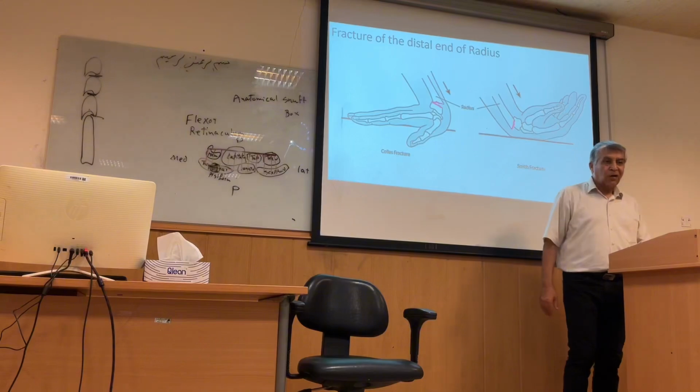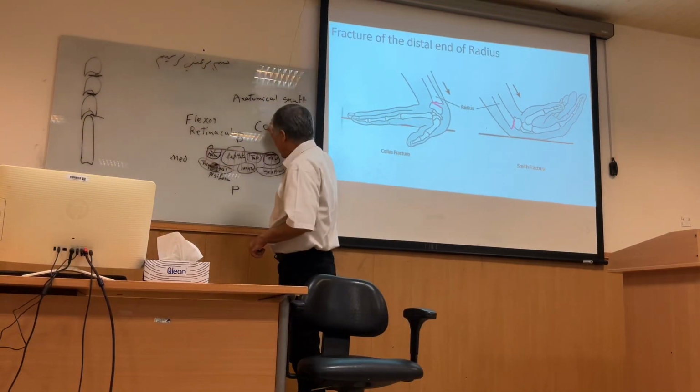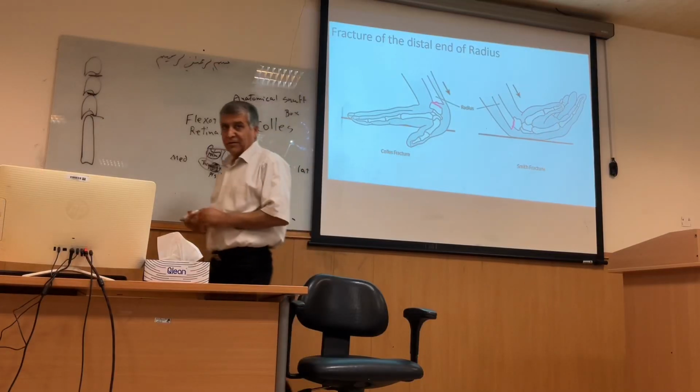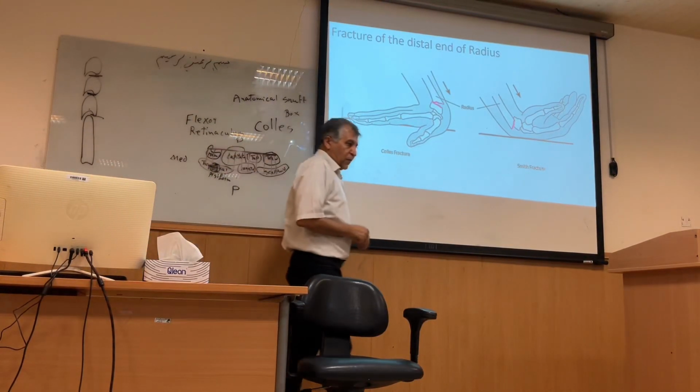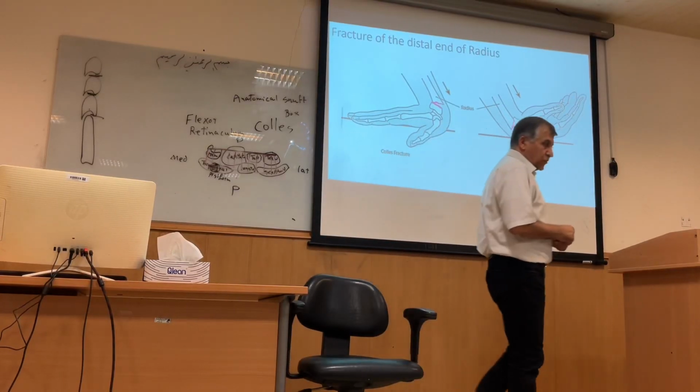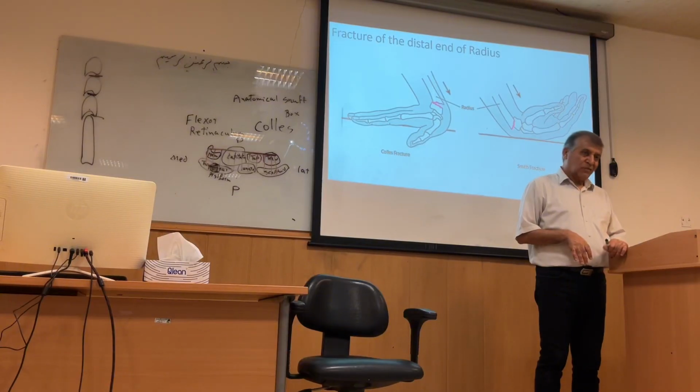This fracture is called Colles' fracture. A fracture of the distal end of the radius that moves backward is called Colles' fracture.